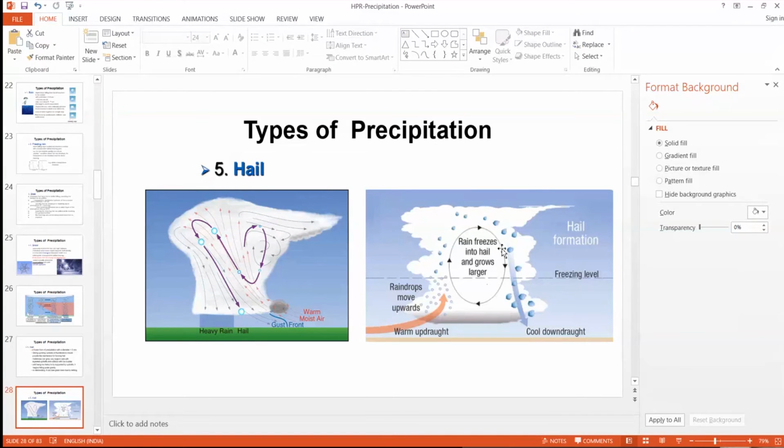Once the size increases to around 1 mm or 2 mm or more than that, then due to gravity and the cool downdraft, these frozen droplets reach the surface.